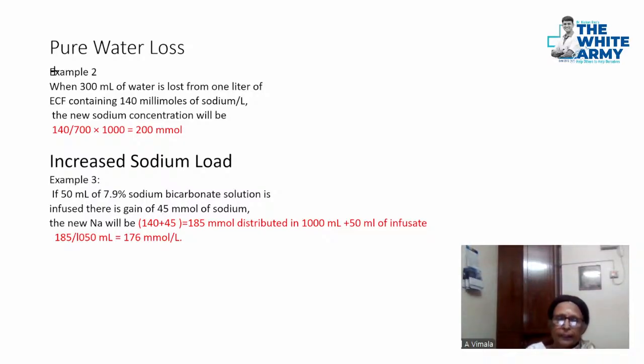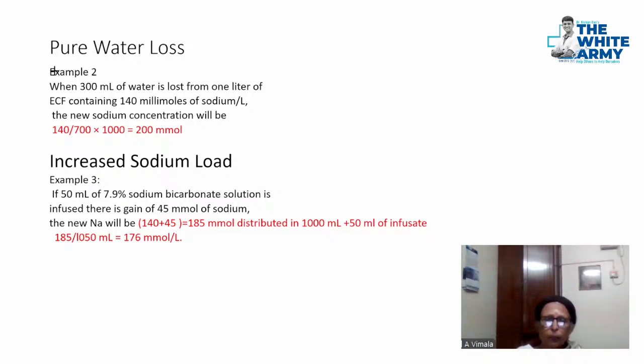The third cause is an increased sodium load. If 50 ml of 7.9% sodium bicarbonate is infused, 1 ml of 7.9% sodium bicarbonate contains 0.9 milliequivalents. So if you give 50 ml, it will contain 45 millimoles of sodium. So the new sodium will be 140 plus 45.